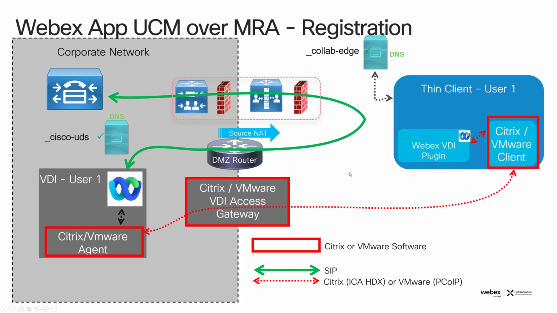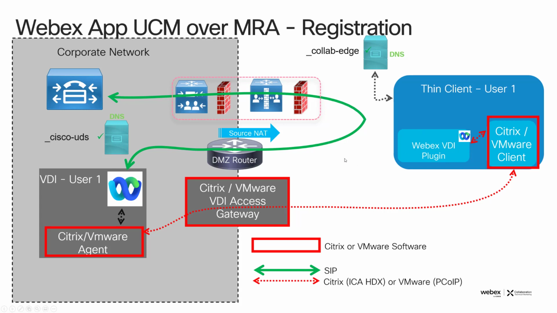So now when we want to make a call or receive a call, once again, the user dials their dial pad or calls someone from their contact list or receives an incoming UCM call. So just like before, Webex app during the SIP session, during call setup, will set the media address in SDP as that of the thin client where the VDI plugin is installed.